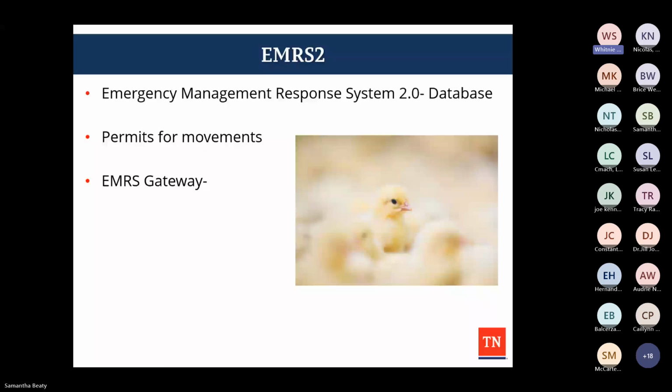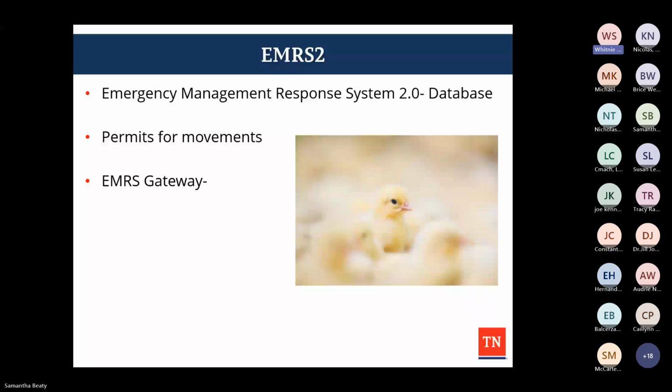Okay, so let me talk a little bit about EMRS. This is the Emergency Management Response System, and it's a federal database that we use for HPAI and other foreign animal disease response. It's what we use on the state and federal side to document things and keep track of the response, but it's also the system that we use for permitting movements.